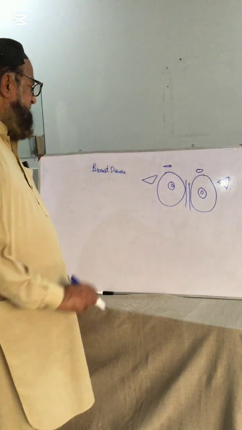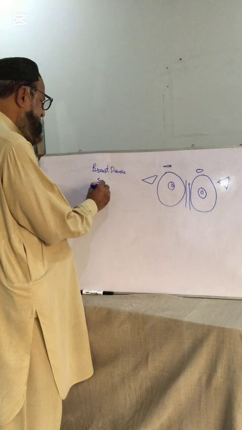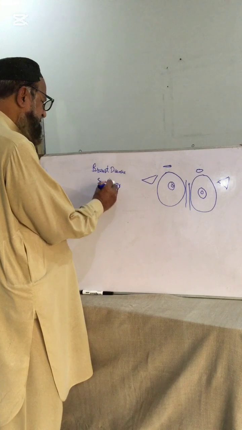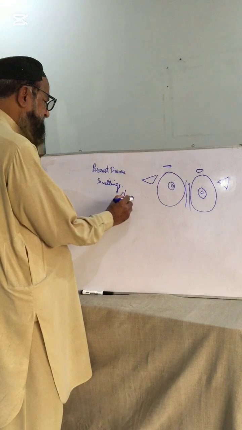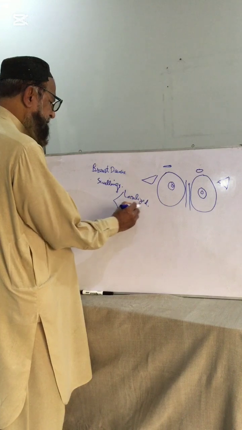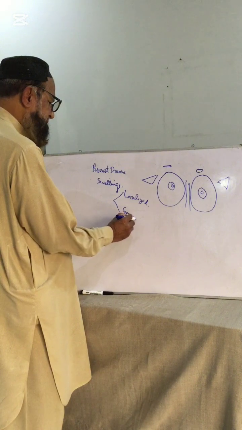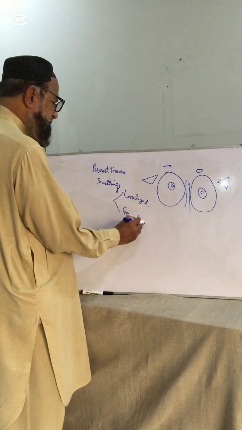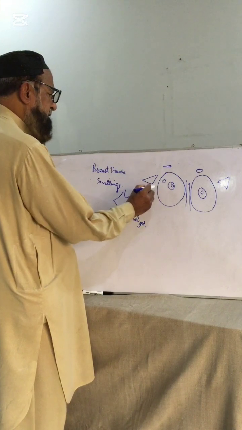So we see that the breast diseases and the swelling are of two types. One is localized swelling and one is generalized swelling. Localized swelling may be a localized breast abscess.